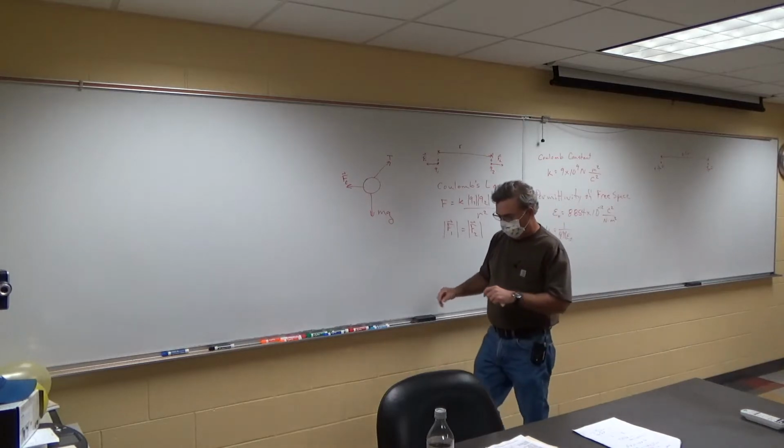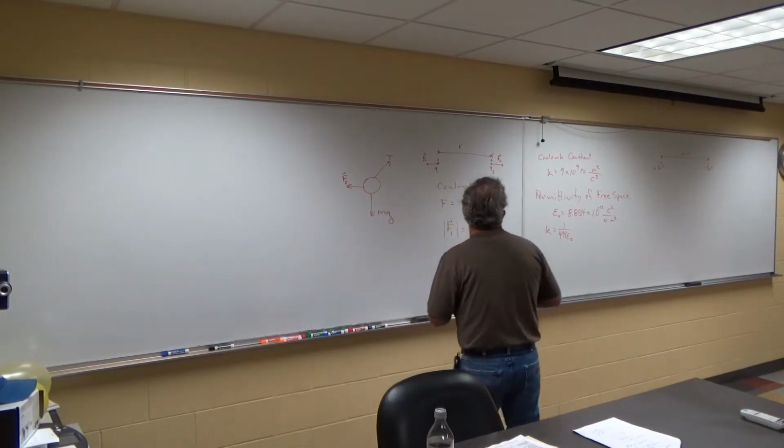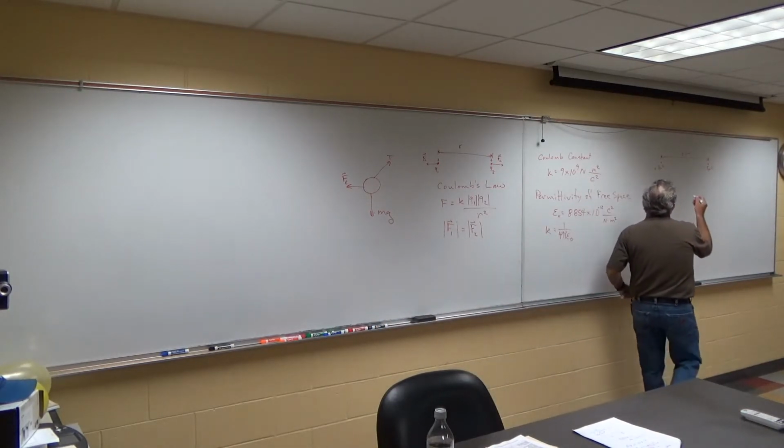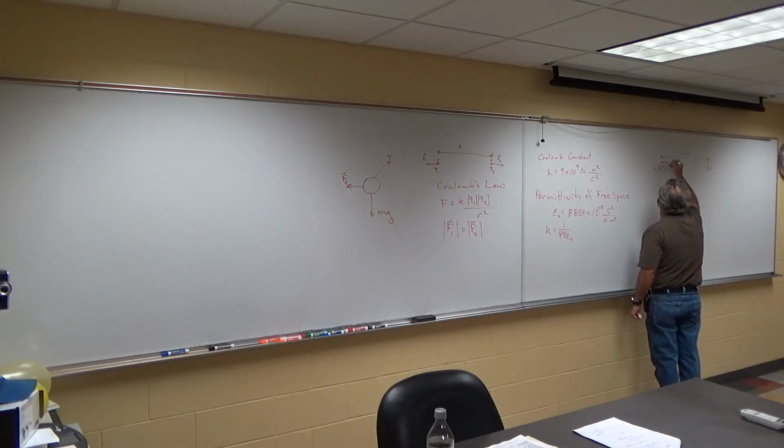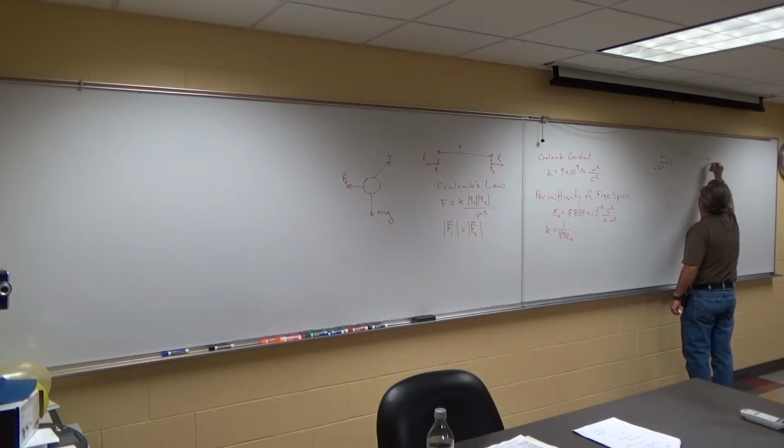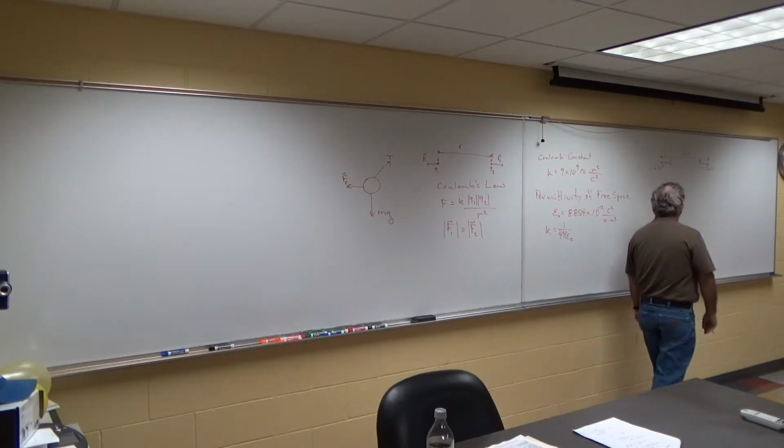What do the forces look like? Well, these are attractive, so this would be F, I'll call it F3, and this one is F5. These are still forces, they're vectors.